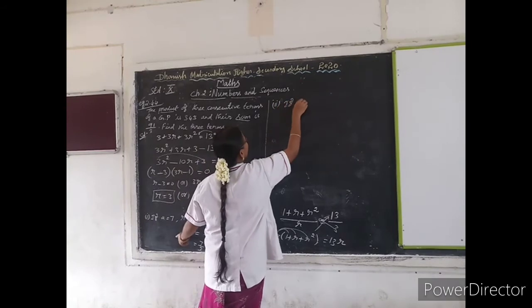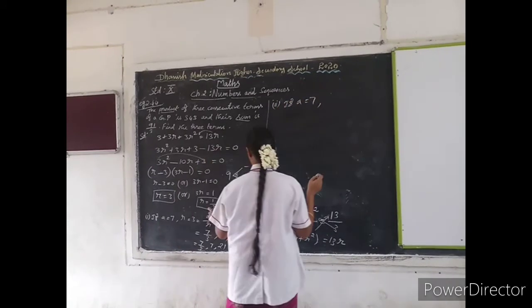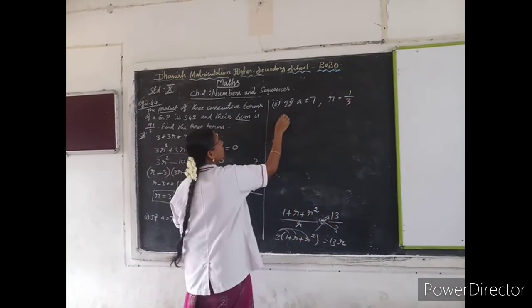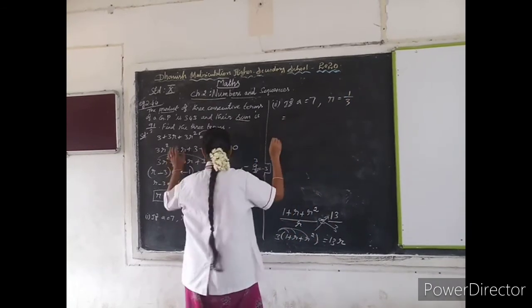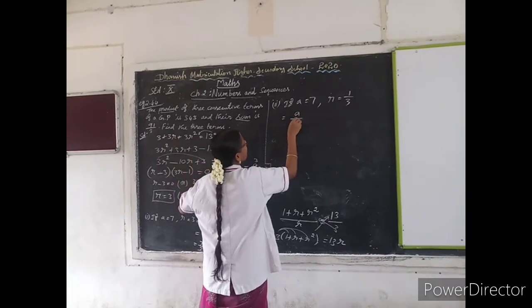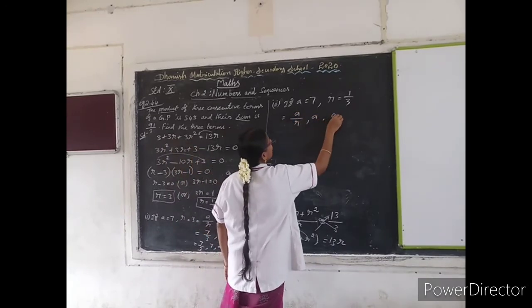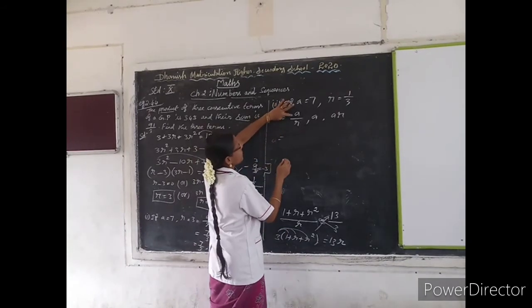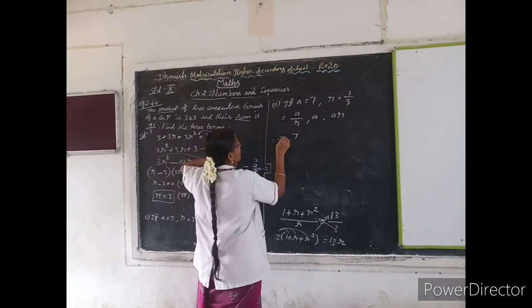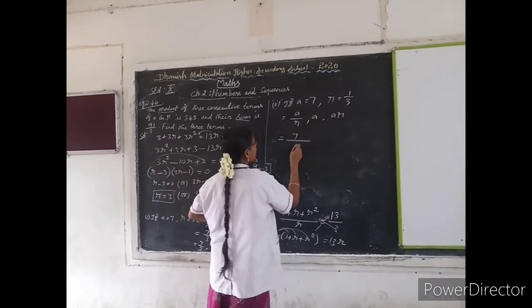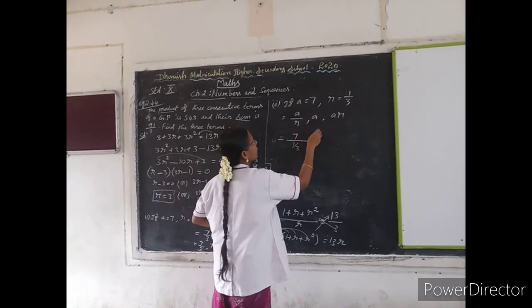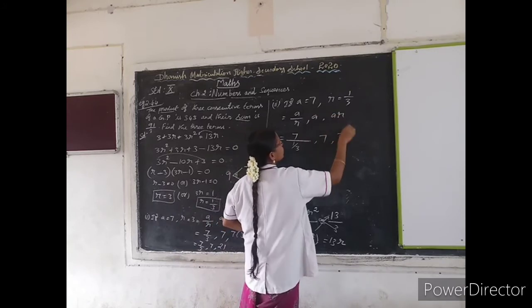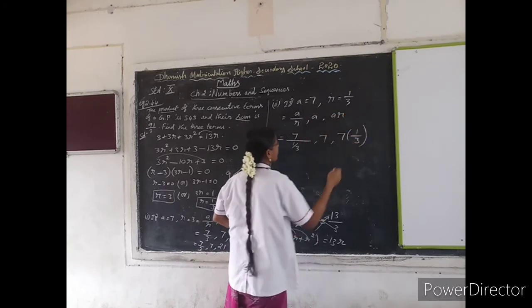If a equal to 7, r is equal to 1 by 3, the GP is a/r, a, ar. Substitute a is 7 by r is 1 by 3, comma a is 7, this a is 7 into r is 1 by 3.